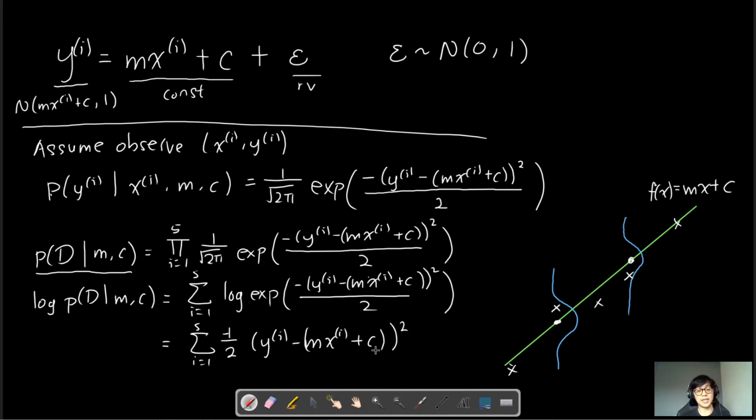Okay. Again, if you can't follow this, try to recall your 2334 or 2132 knowledge, and see if you can follow this through. But if you can't, it really doesn't matter, because this is really outside the curriculum of 3244. But I hope this gives you context, right? This gives you why certain assumptions are made.